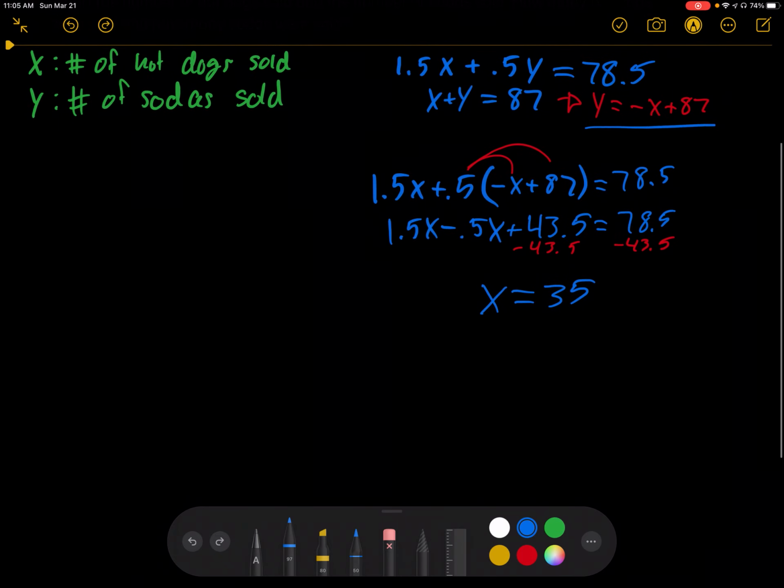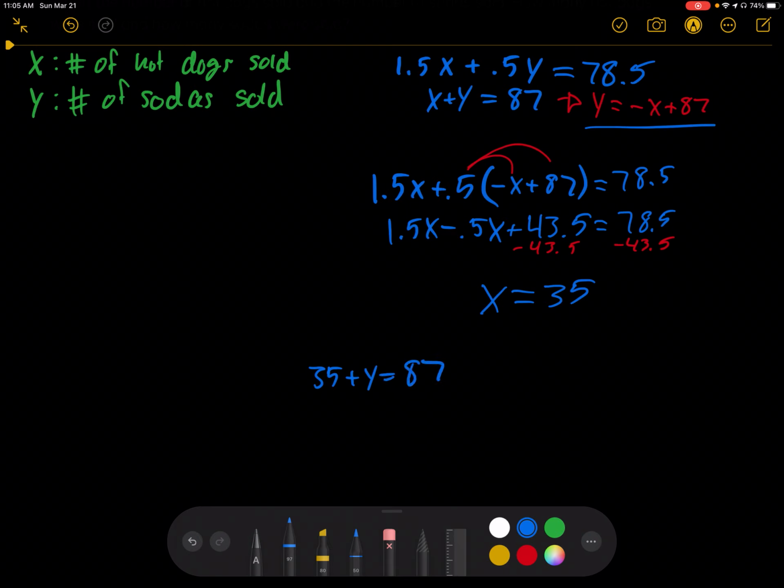So since we know up here that our total is 87, x plus y is 87, number of hot dogs and number of sodas totals to 87, we can just say, well, we've got 35 hot dogs and we've got our y number of sodas, and it totaled to 87 total stuff.